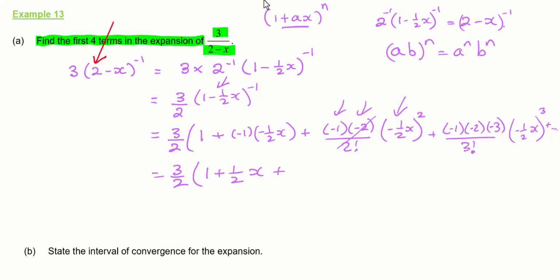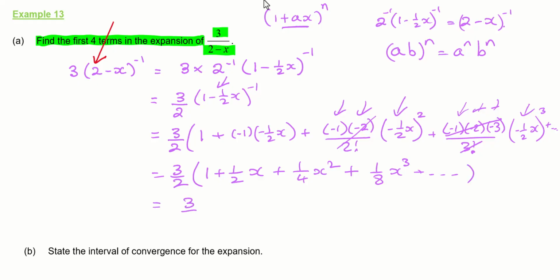And a half squared is a quarter, so it's going to be a quarter x squared. And then the next term is also going to be positive because we've got negative, negative, negative, and then negative cubed. So that's going to end up being positive. 3 times 2 times 1 will cancel with the 3 factorial. And we're going to have 1/8 x cubed, and then that will continue on.